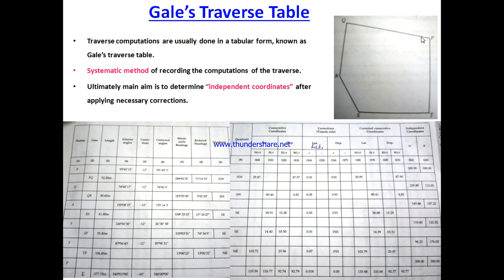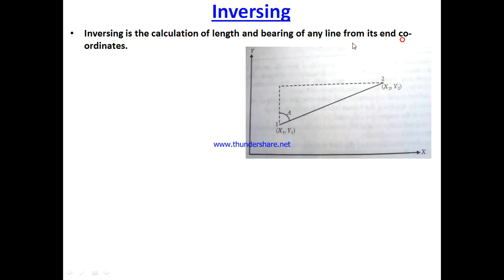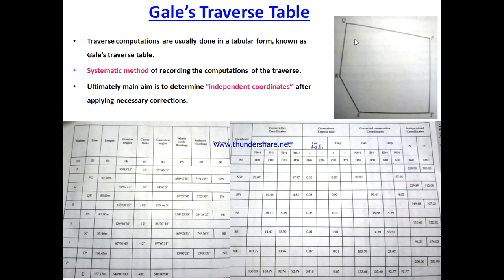With the help of the included angle and the bearing, we can calculate the bearing of all the lines, which I have already explained in the earlier lecture: if we have the included angle between different traverse lines, and the bearing of any one traverse line, then how to calculate the bearing of the other traverse lines.